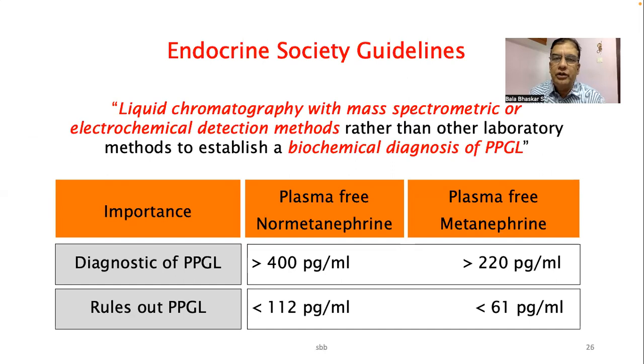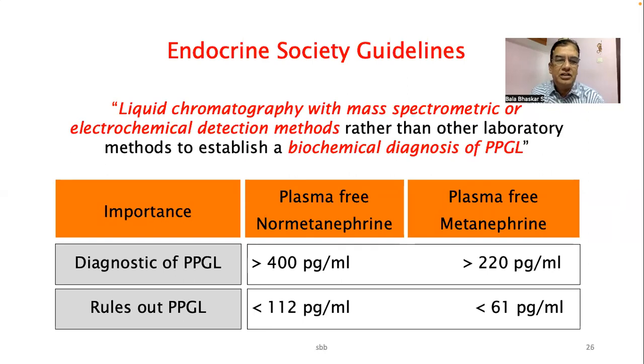In fact, the Endocrine Society guideline says that, in terms of assessing the levels of catecholamines or these metabolites, liquid chromatography with mass spectrometry or electrochemical detection methods are better than the other laboratory methods to establish the diagnosis of biochemical PPGL for the patient.